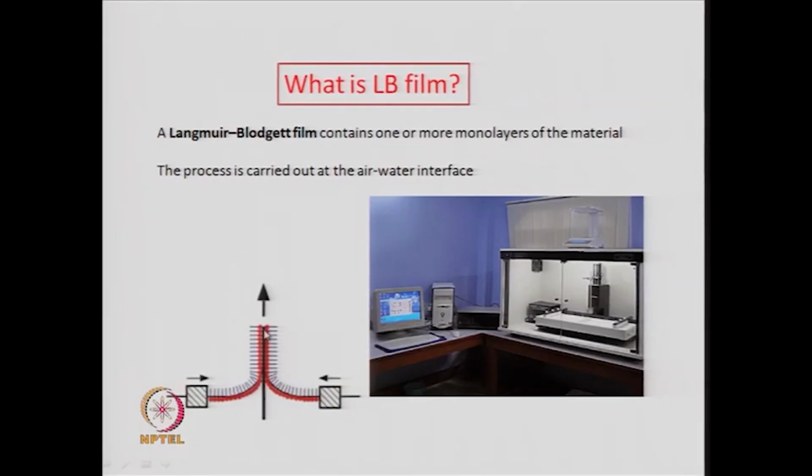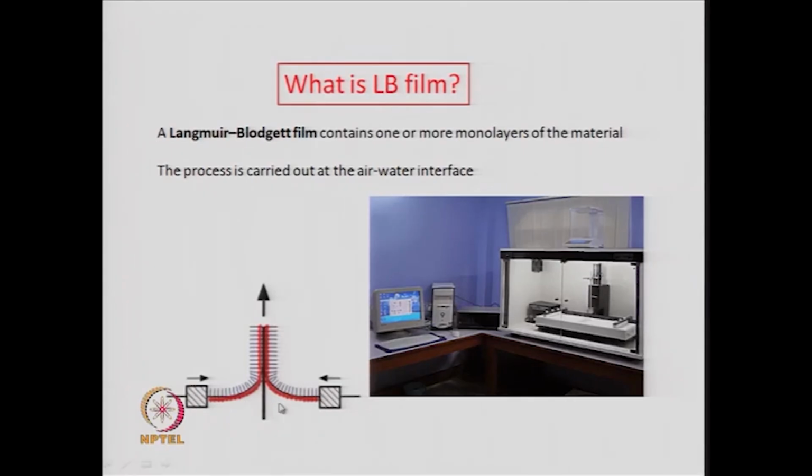Typically, if you have a substrate which is hydrophilic, then the hydrophilic part of this molecule will be adhered on the substrate. Depending on what kind of film you want, whether you want the hydrophobic part sticking out or the hydrophilic part sticking out, you have to choose the surface of the substrate accordingly. So, this is the basic process.